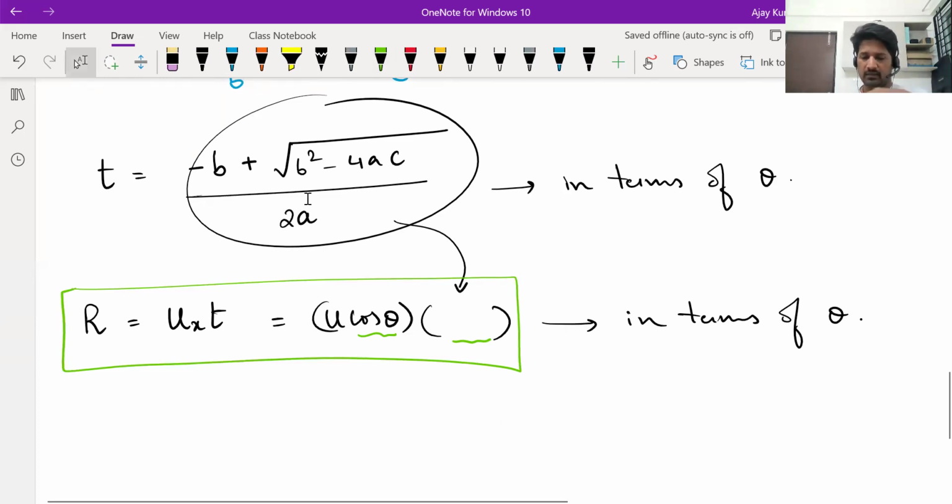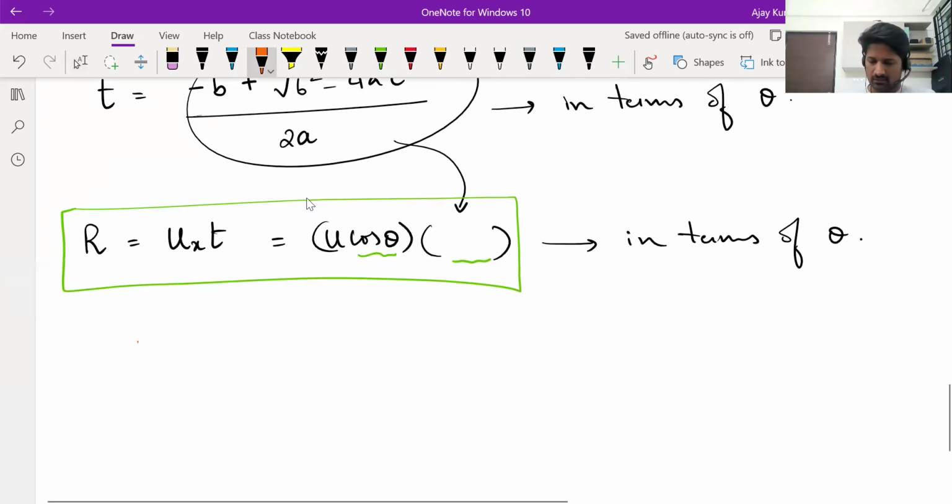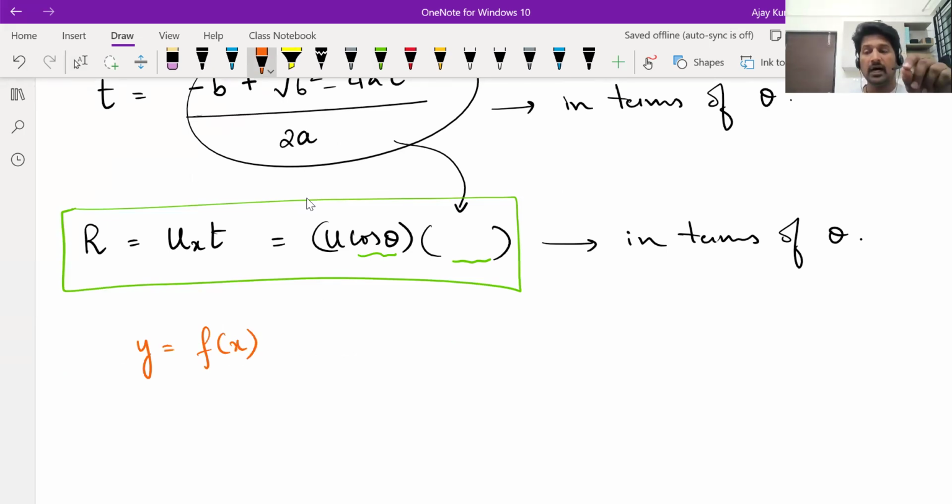Tell me this, all of you. We had discussed this long back in calculus. When you have a function y is equal to f of x, how to mathematically find out where y will be maximum? What happens at maxima?